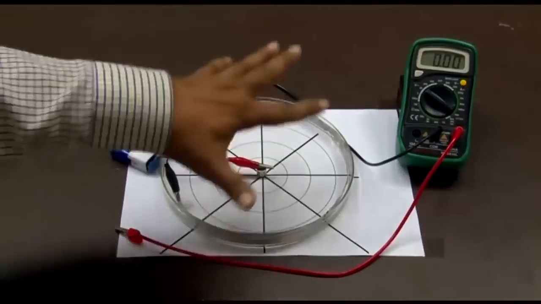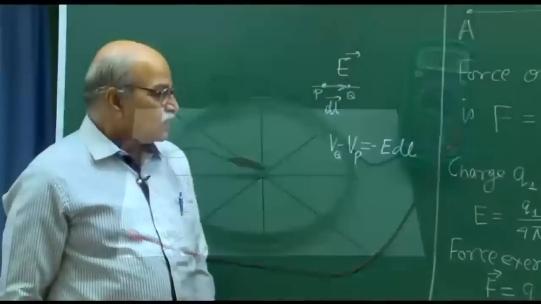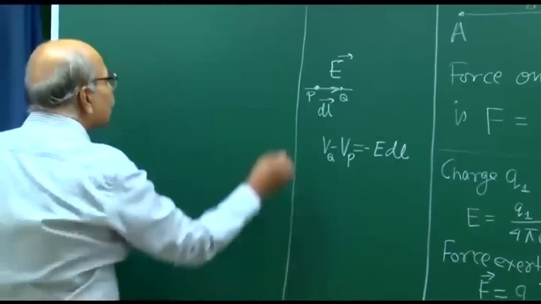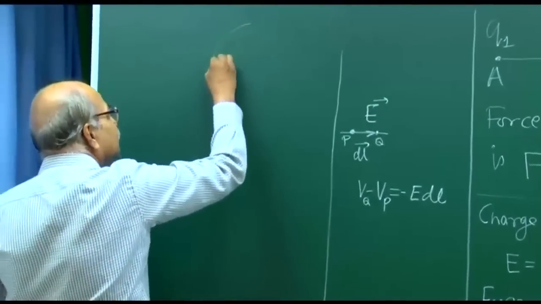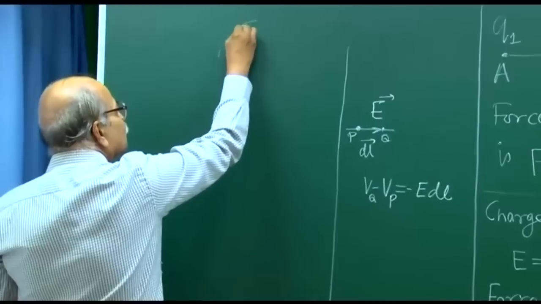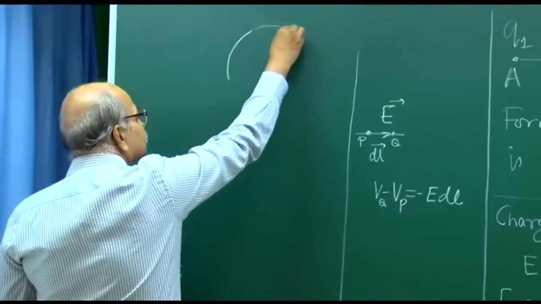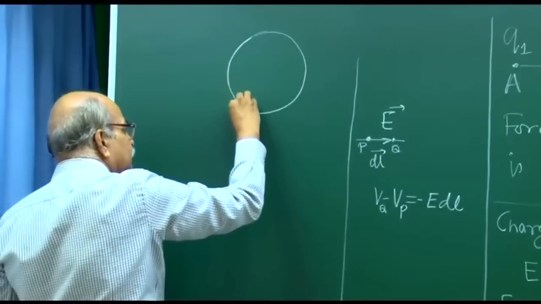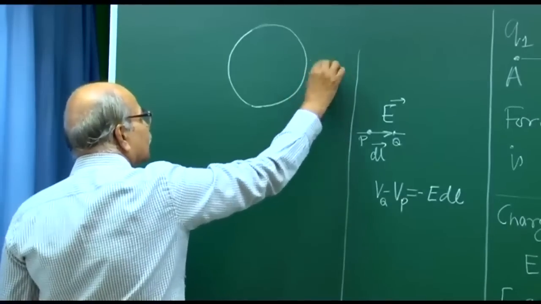So, let me write these things on the board and ask a question. What did we have? We had an aluminum ring here which I assume to be at 0 potential.